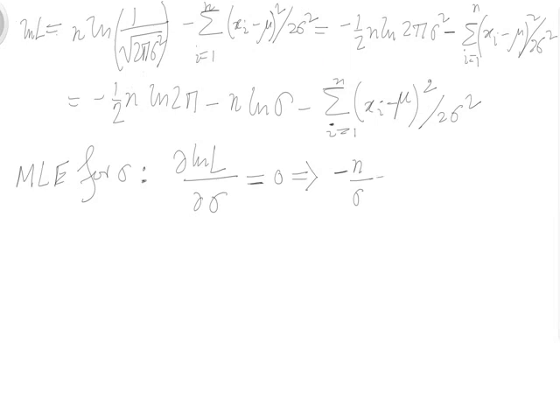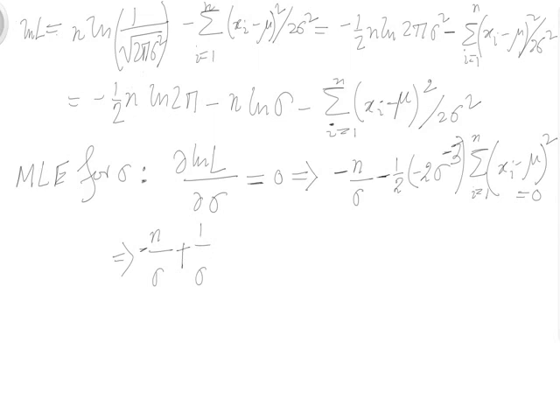So simplifying, we get minus n over sigma plus half of 2 sigma to the minus 3 times summation i from 1 to n of (xi minus mu) whole square, and set it to 0.